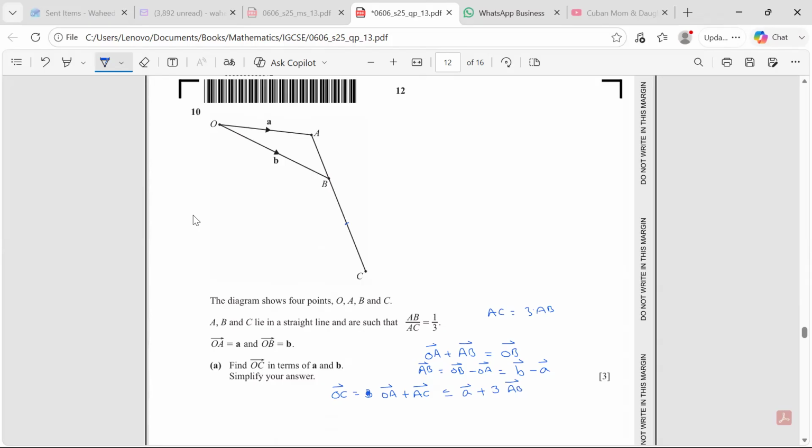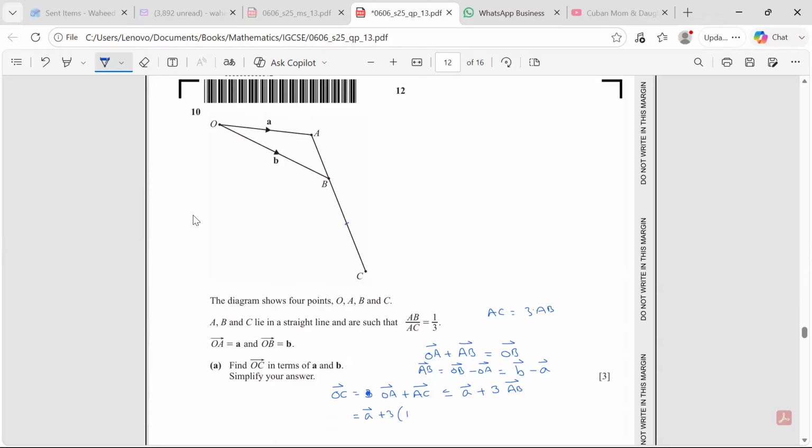We know that they're on the straight line, right? A, B and C are in the straight line, and the magnitude of AC is 3 times the distance AB. So we can say that AC vector is 3 times AB vector. So from here, we can say A plus 3 times AB vector.